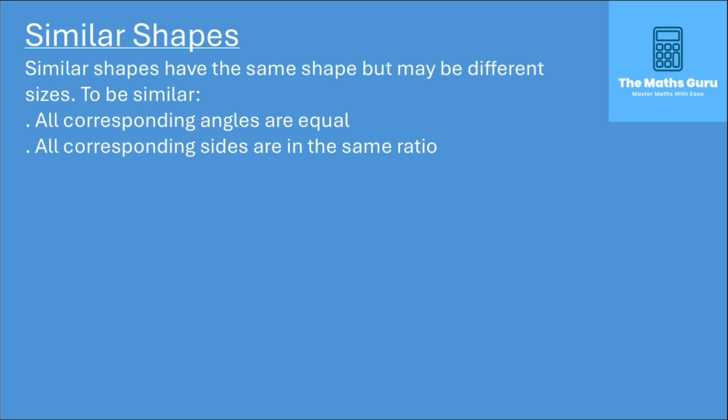For example, if I was to draw a cone as such, a similar cone to this would be this one here. If the height of this is 4 centimeters and this is 8 centimeters, and say the radius of this one is 6 centimeters, then the radius of this one would be 3 centimeters.